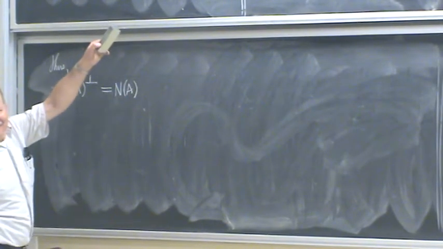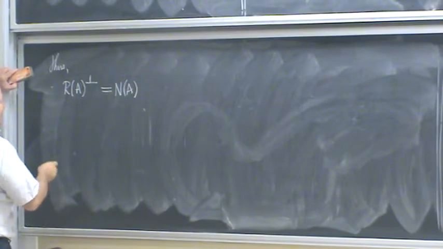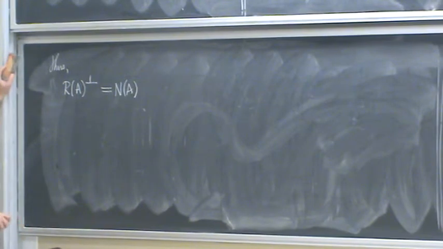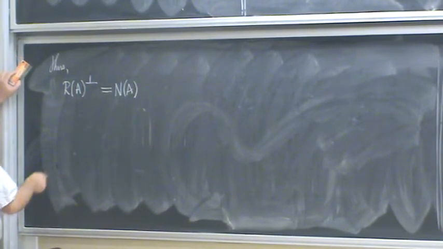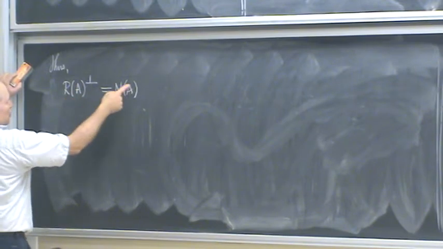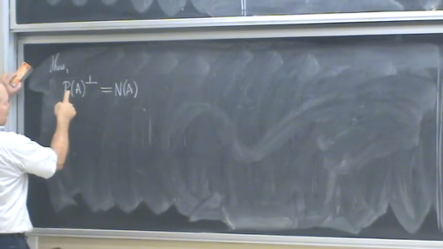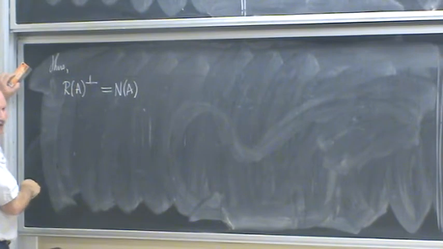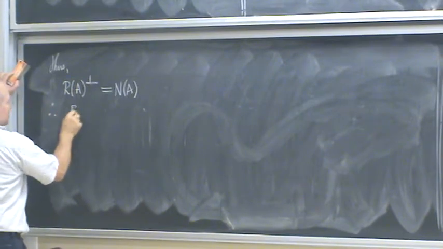I can now perp both sides. You knew that perp was a noun, but you didn't know it was a verb. You can now perp both sides and use the fact that row space perp perp is row space.